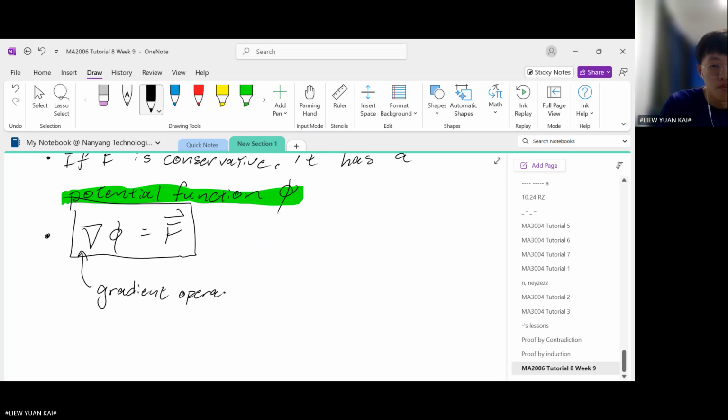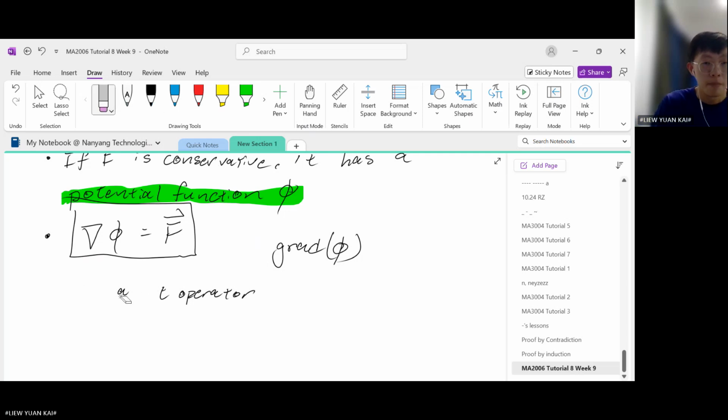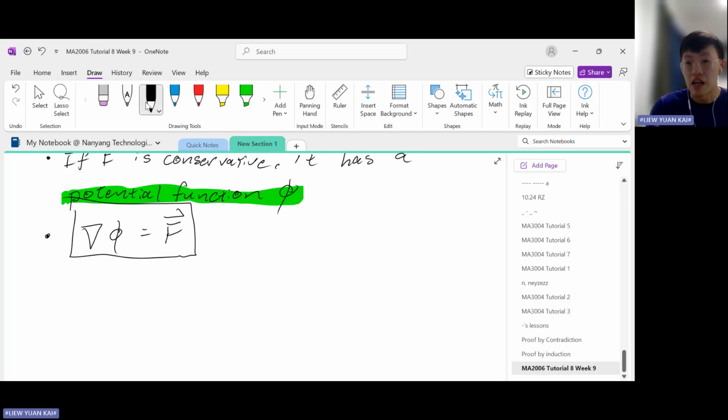So what I'm doing here is the gradient of phi. That's the left-hand side of this equation. And what is the value behind knowing the potential function? The value of the potential function is this.